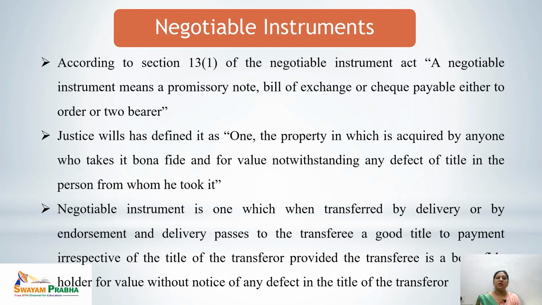That means when a negotiable instrument is delivered or passed to the transferee, he or she has the same rights, the good title to the payment, as the transferor has.